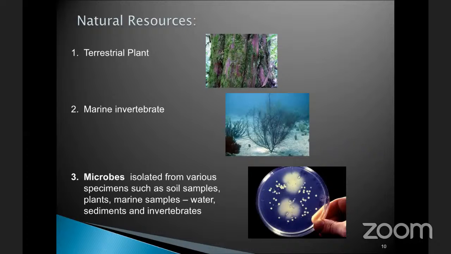So, as I said, natural resources are not only terrestrial plants. We have worked a lot on terrestrial plants, but now it's time to work also on marine invertebrates, marine plants, or marine samples. It's also time to work on microbes. Why? Because in terrestrial plants now, you are ending up getting a known scaffold, a known molecule.